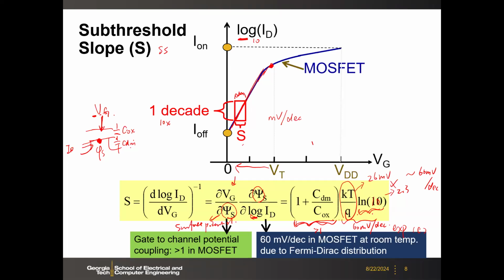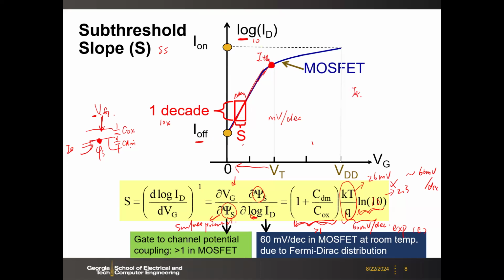So here, why this matters? This will limit your smallest, let's say, threshold voltage, because your off current needs to be really off, right? So you consider the transistor is off. Then your current, let's say the current here, I off versus the I threshold at this time.